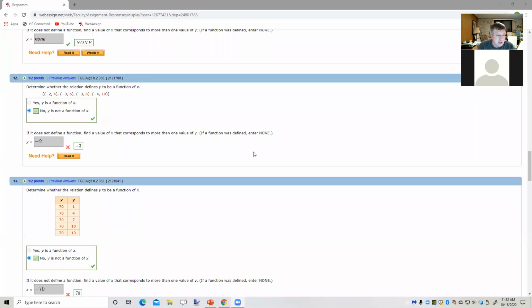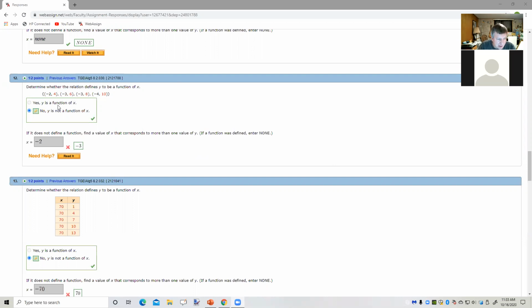Determine whether the relation defines y as a function of x. Can you see my arrow moving around on the screen there? Yes. All right. Look at the second and the third ordered pairs. X is -3, y is 6. X is -3, y is 8. So what you've got there is the same x value going to two different y values, right?